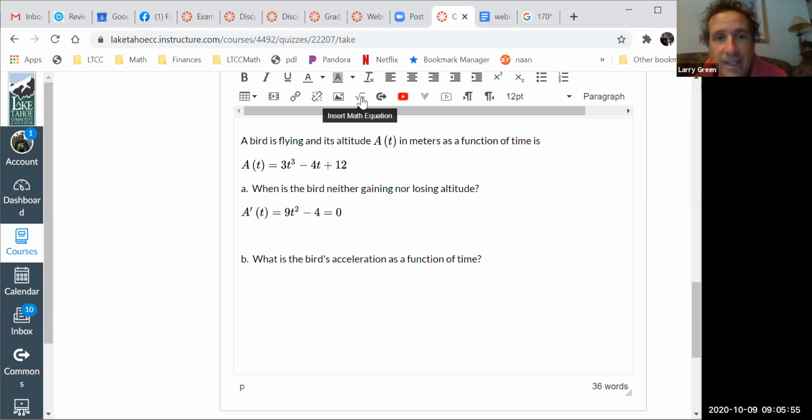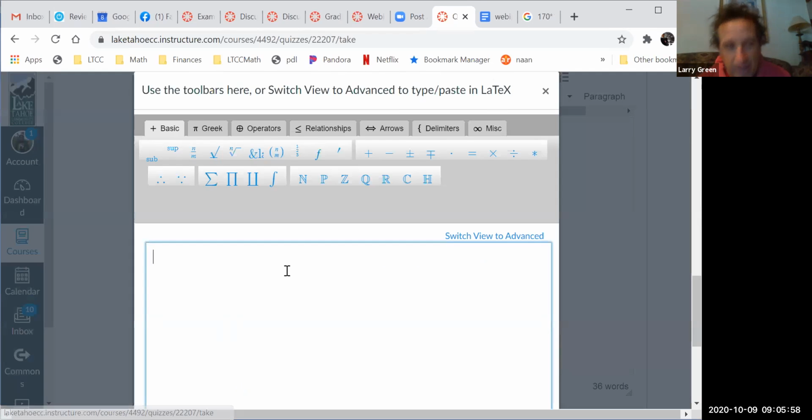And I guess technically, I don't think I grade off on it, but technically, you would say that t equals 2/3 or negative 2/3.